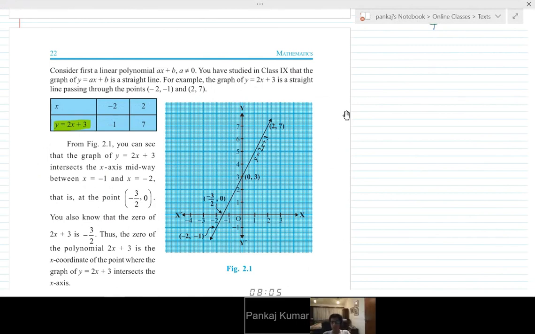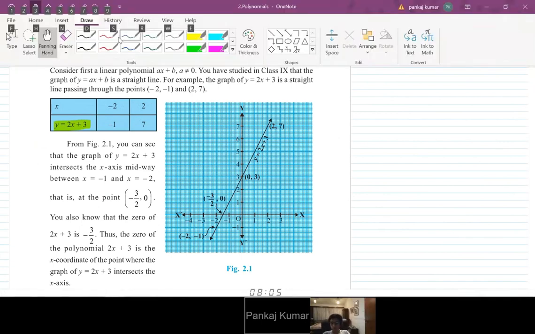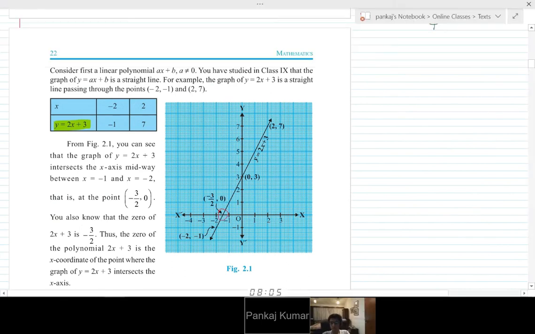At what point is the line cutting the x-axis? Minus 1.5. So this is the point. Now you can easily guess this is x and this is y, so we write y is equal to 2x plus 3.